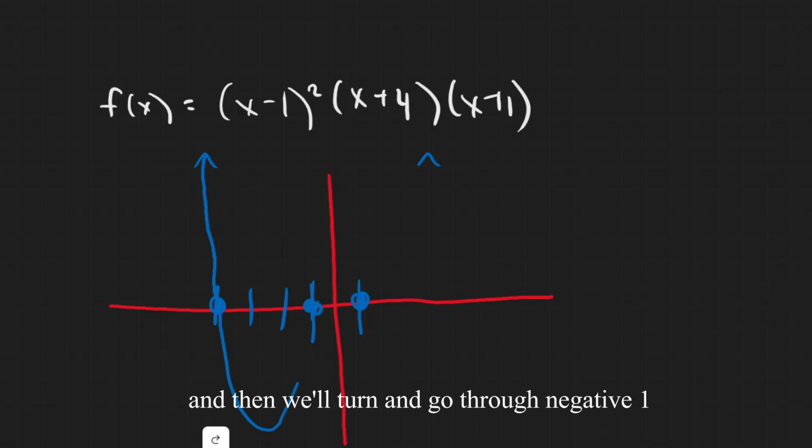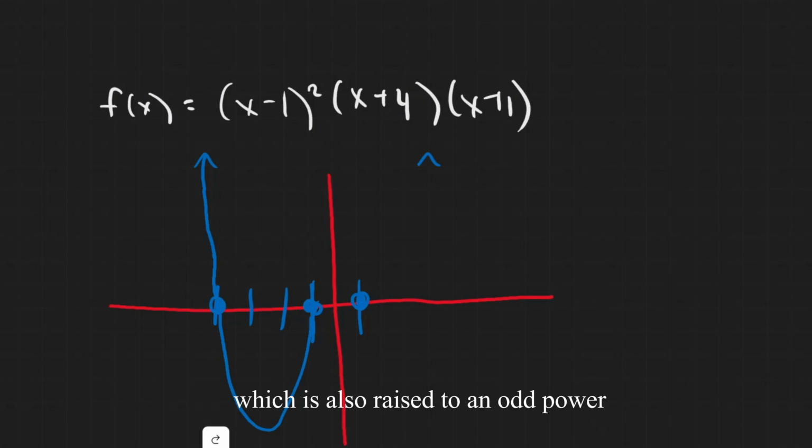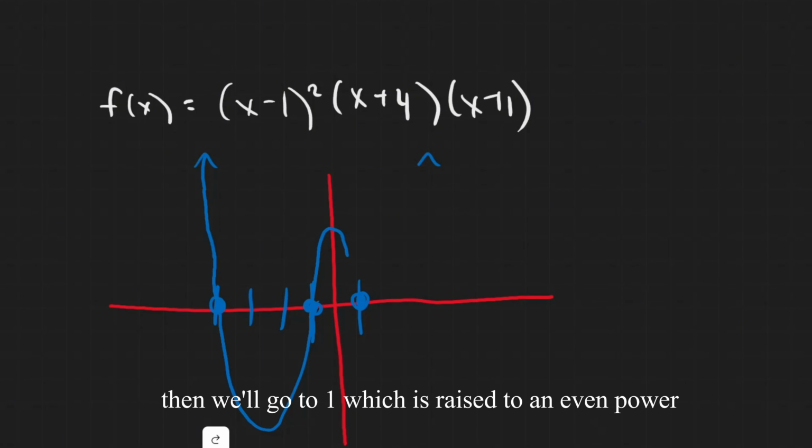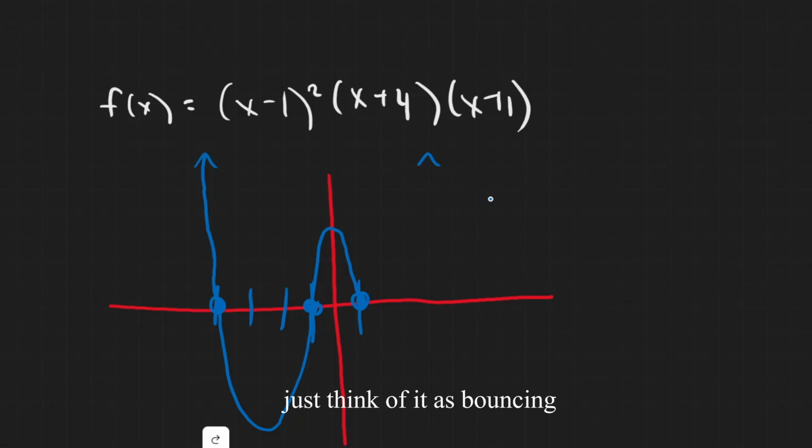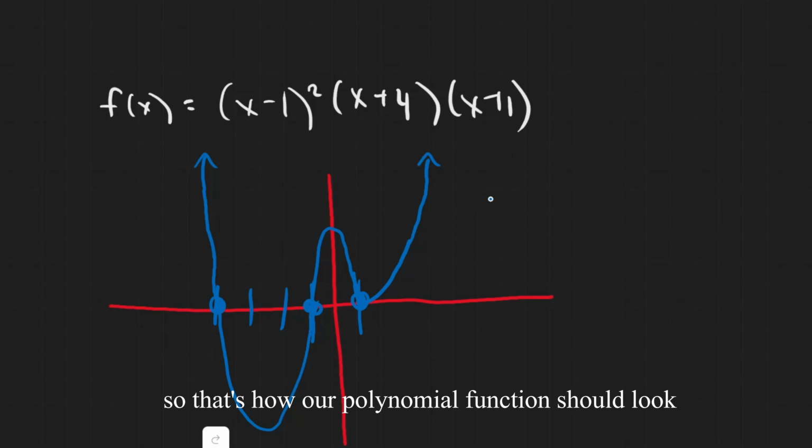And then we'll turn and go through negative 1, which is also raised to an odd power, so we'll go through it. Then we'll go to 1, which is raised to an even power, so it'll bounce. Whenever you're given an even power, just think of it as bouncing, so it'll bounce off this 2, this 1, and go to infinity. So that's how our polynomial function should look.